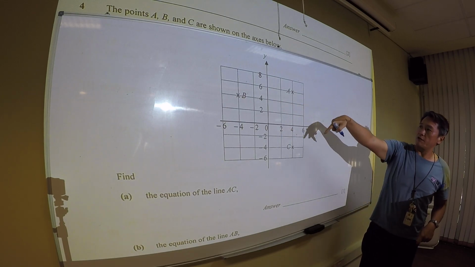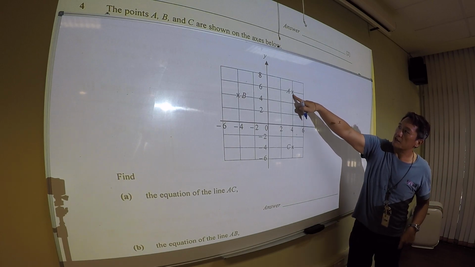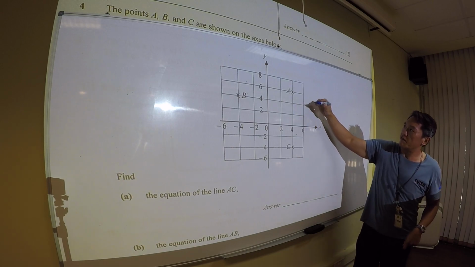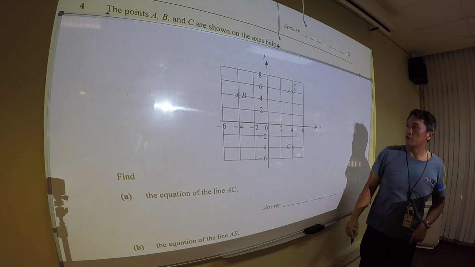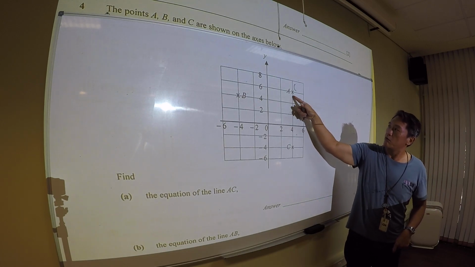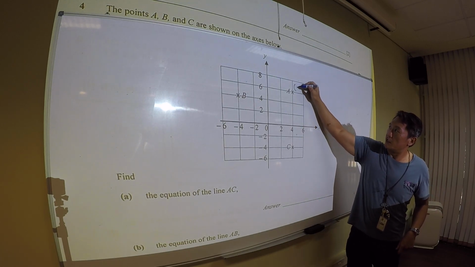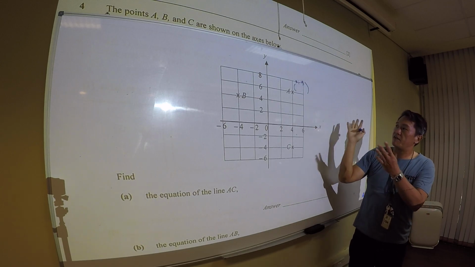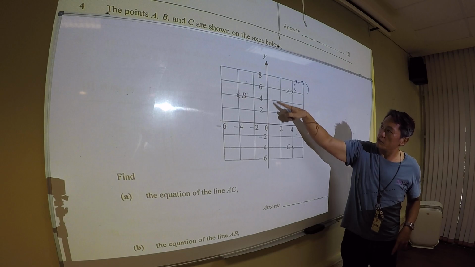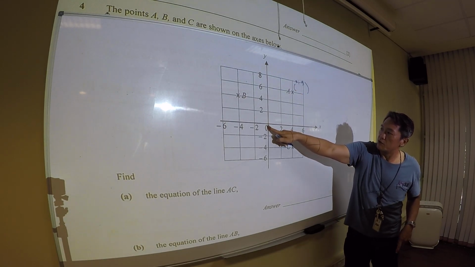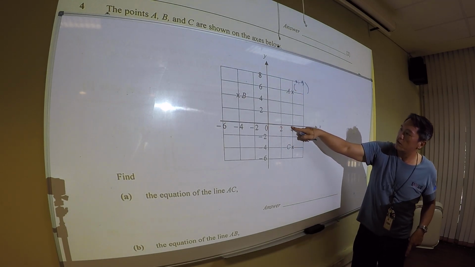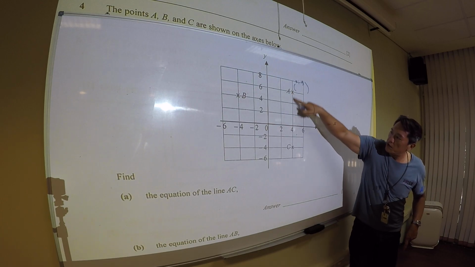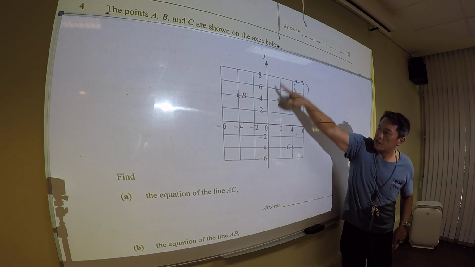If I want to write down the coordinate of A, it is how far left or right it is, and it is always x followed by y. So we first see how far left or right it is. Going from this line where it is 0, to 2, 4, this point is 4 from the center.